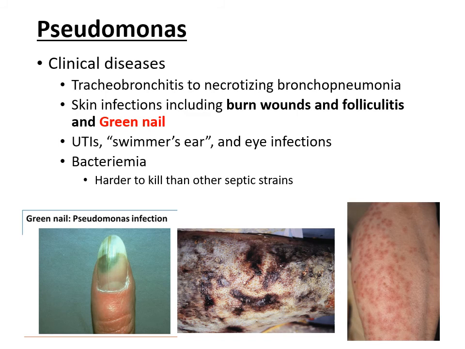Now, another example here that I want to show you is green nail, and I put that in red so that you'll circle, star, highlight. Whenever you hear green nail, think the cause is Pseudomonas. Pseudomonas, a lot of times you're going to see in the next slide, has this growth of a bluish-green tint on it. Now, the green nail that you see here, that's usually caused by going to nail salons.